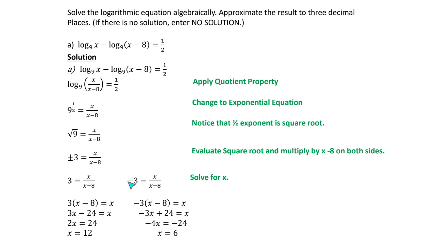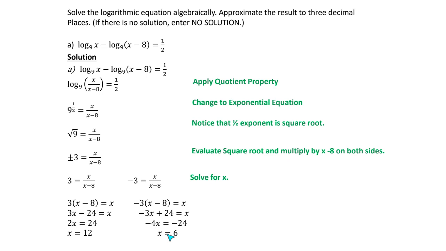If we multiply x minus 8 on both sides, we get 3 times x minus 8 is equal to x. 3 times x is 3x. 3 times negative 8 is negative 24. Subtract the x, so we get 2x. Move the 24 to the right side. So a possible answer is x equals 12. And on the other one, we have multiplied by x minus 8 again, and so we end up with x equals 6.